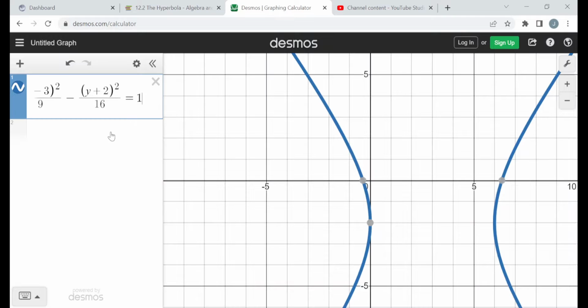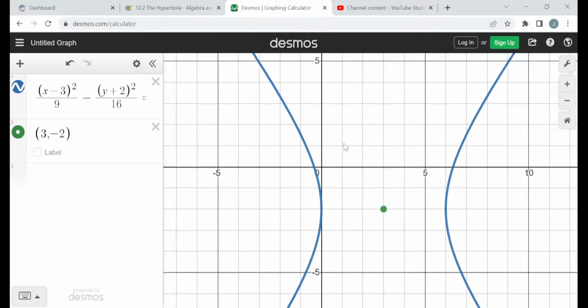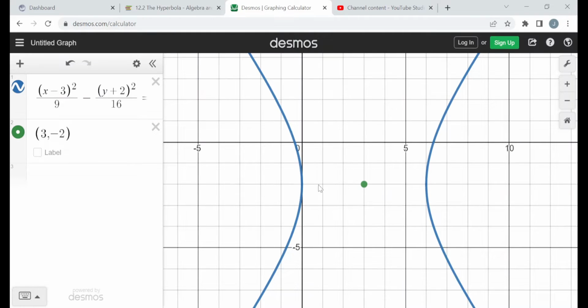And I'll plot the center, which we said was at 3, negative 2. And you can very clearly see that's definitely halfway between these two curves. And then here's 0, negative 2, the one vertex. Here is 6, negative 2, the other vertex, the two points closest to the center. And those were the vertices they gave us.